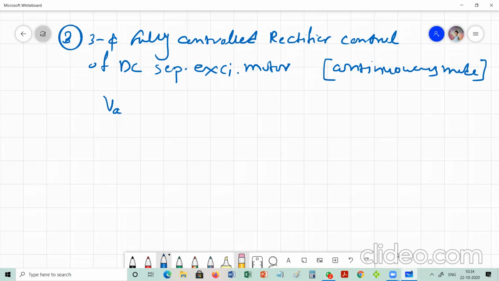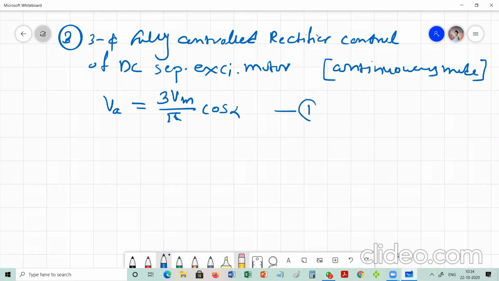So we have to use the equation of voltage in continuous mode of conduction. We know the equation of voltage for the three phase fully controlled rectifier is Va = 3Vm/pi into cos alpha. This is the DC voltage equation of this drive.